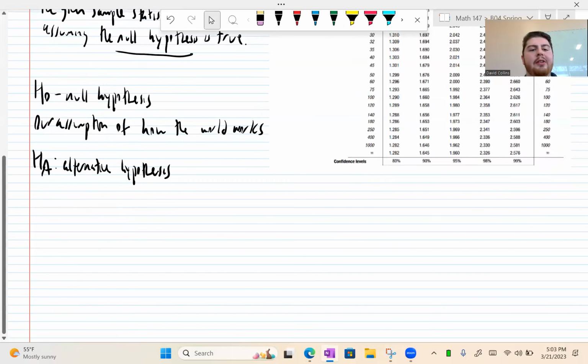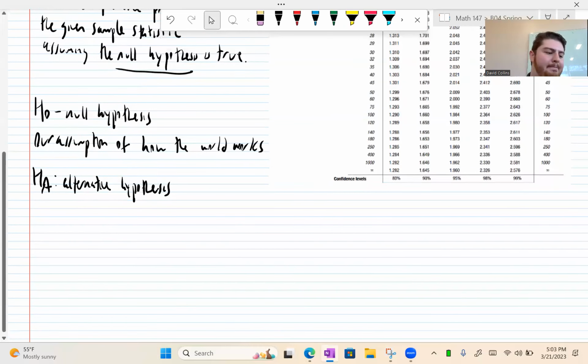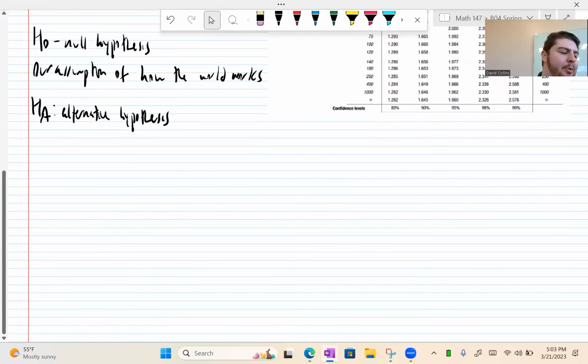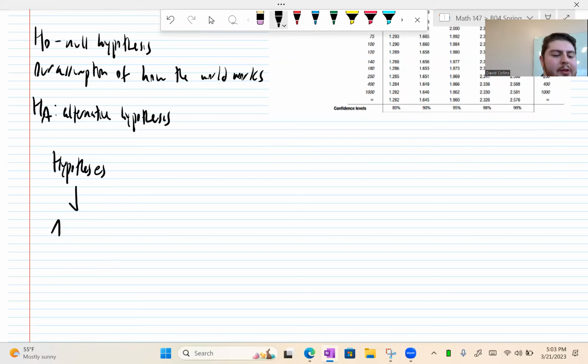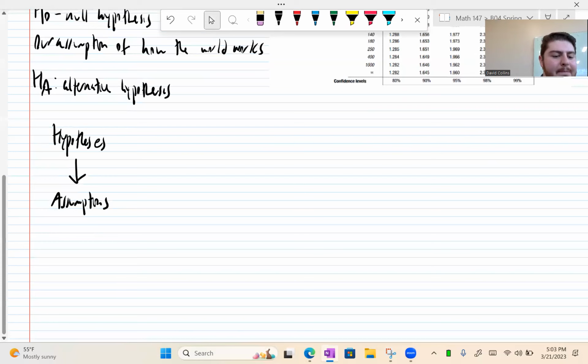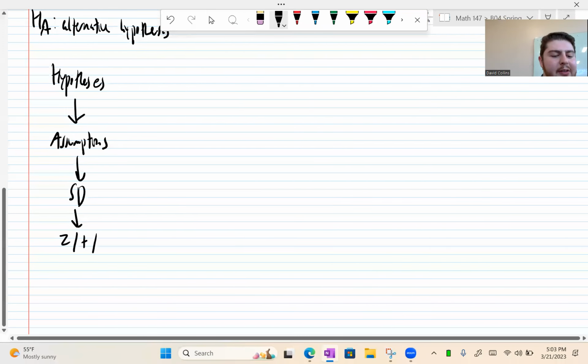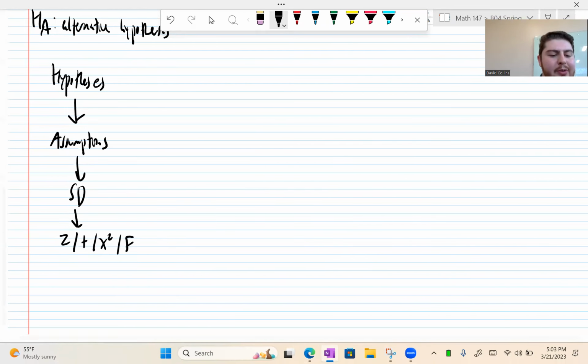Then we'll have our assumptions and conditions, which will be different. In this chapter, it talks about both means and proportions. We'll get to that. So there's always a few steps. It's hypotheses, assumptions, your standard deviation, your z/t/chi-square score/f score.